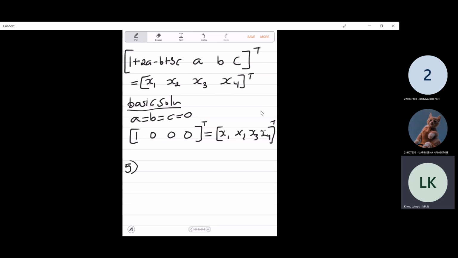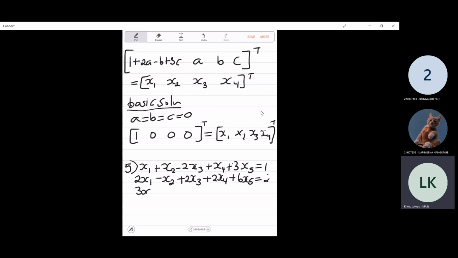Then look at one more, number 5. x1 plus x2 minus 2x3 plus x4 plus 3x5 is equal to 1, 2x1 minus x2 plus 2x3 plus 2x4 plus 6x5 is equal to 2.